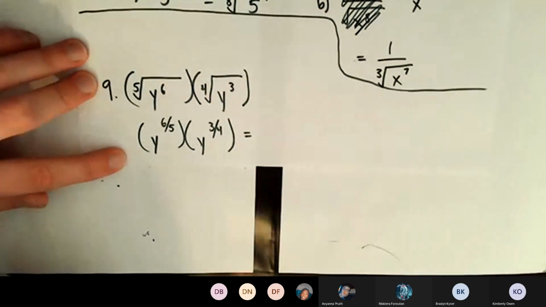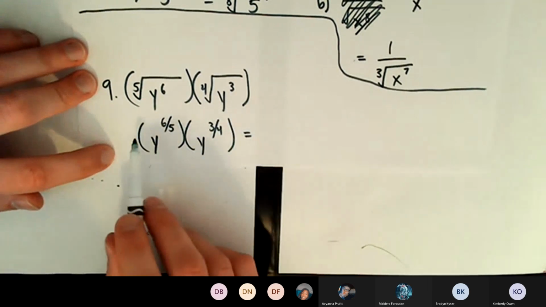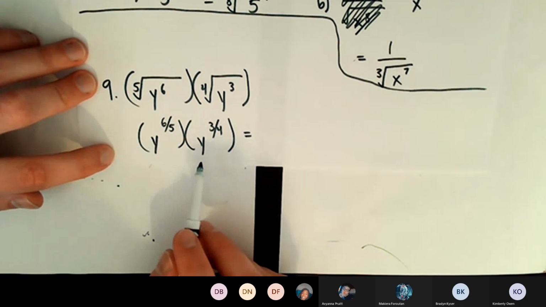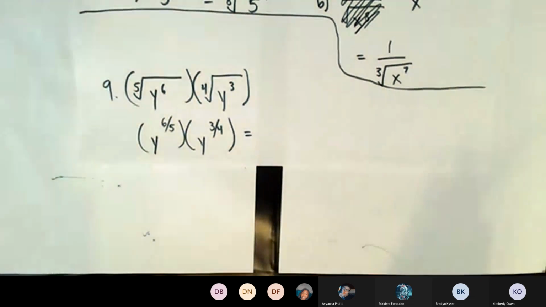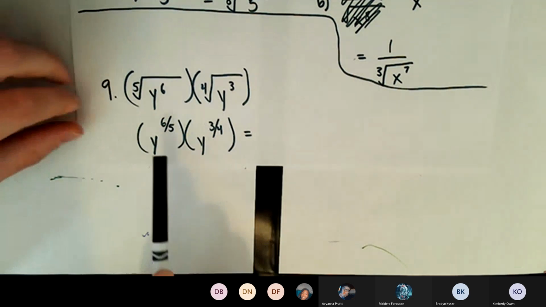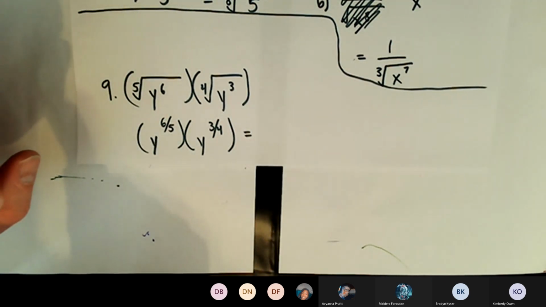And let's see, who am I going to call on? Maya, what is the rule for these exponents when you have a product of two numbers? They have the same base. What do we do with the exponents? Does anyone remember what we do with the exponents when we have a product of two things that have the same base?